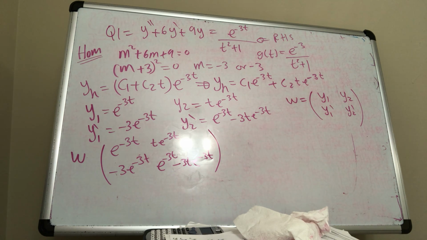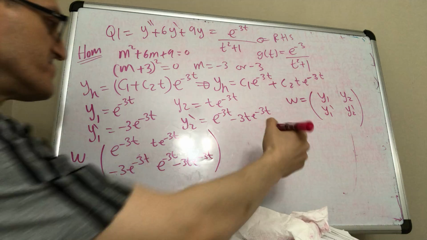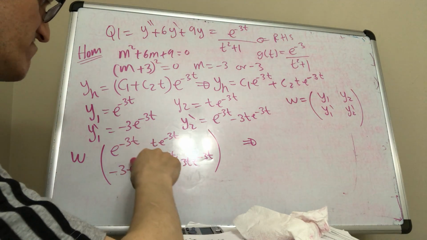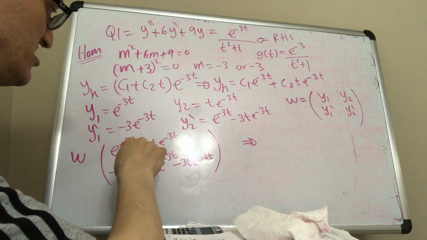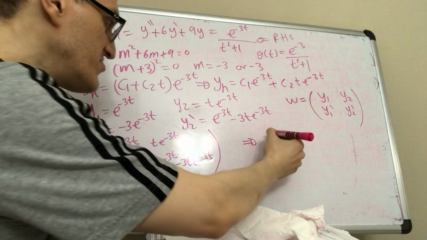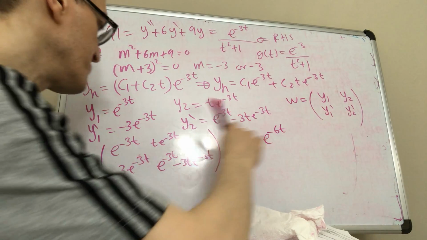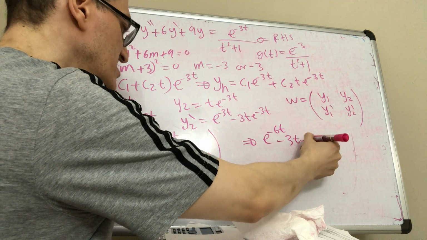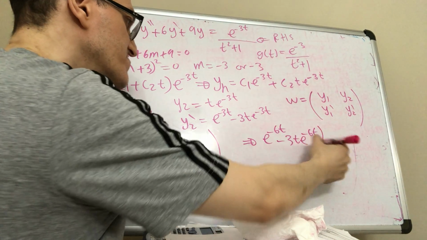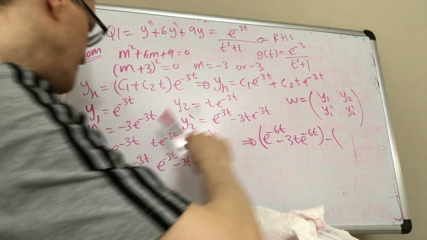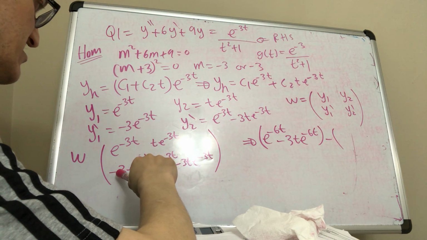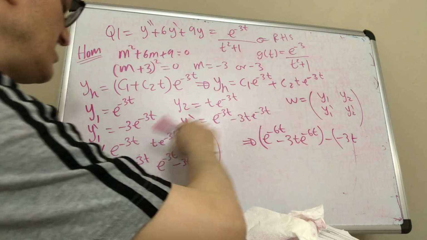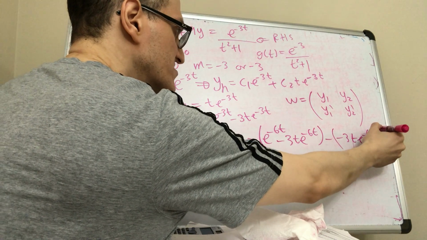And now you find the determinant. And you know the determinant, you go this times this minus this times this. e to the minus 3t times e to the minus 3t, you add the exponents, e to the minus 6t. And this times this would also be negative 3t e to the negative 6t, minus. Now we go this times this. Negative 3 times t is negative 3t. And e becomes e to the negative 6t.